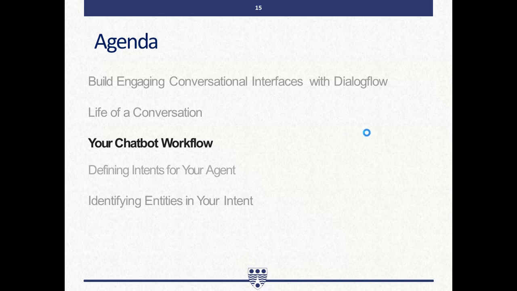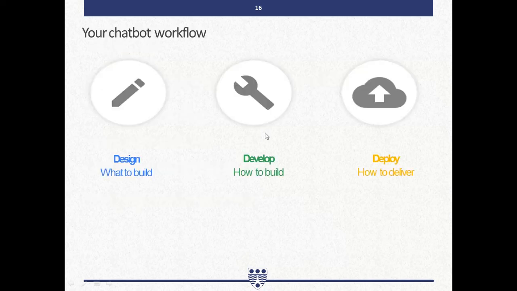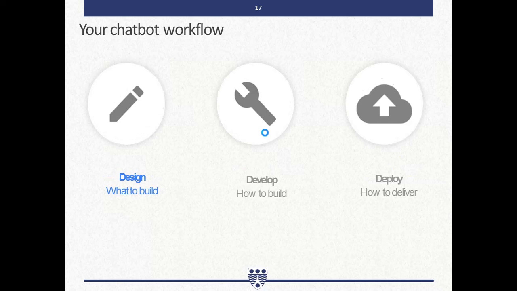But the underlying factor here is that whatever agent you are trying to build, it always passes through three phases of the workflow. The design phase, which is where you determine what you want to build, the develop phase, which is when you start building it, and the deploy phase, which is when you deploy your agents across various platforms.